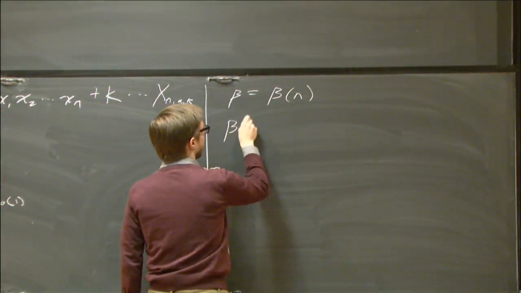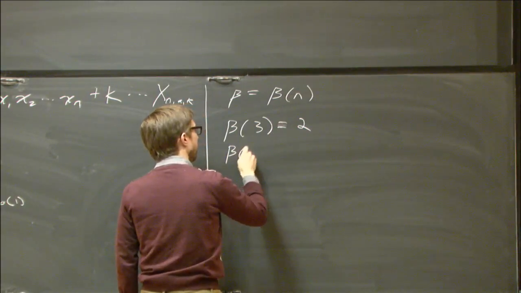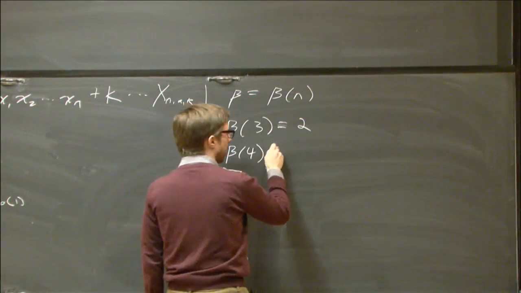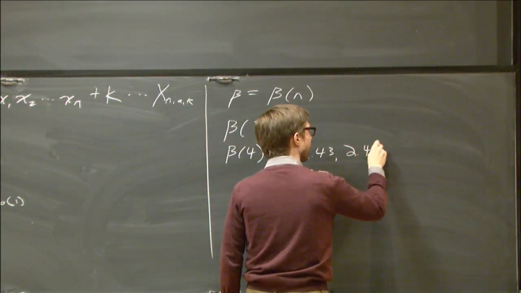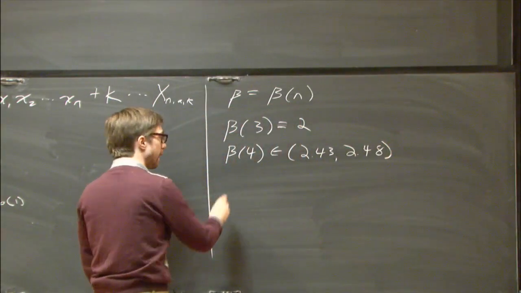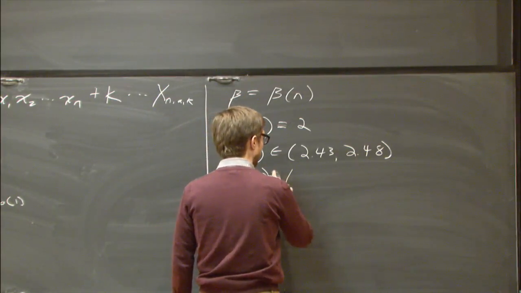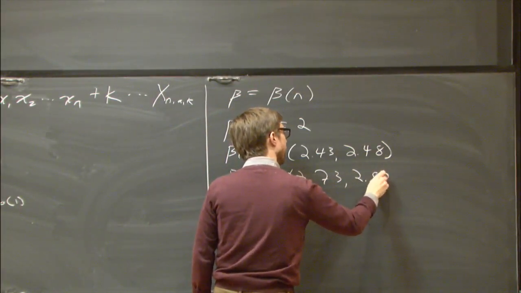Zagier's work, of course, gives that beta of 3 is equal to 2. But the beta of 4 is not 3. It is somewhere between 2.43 and 2.48. And beta of 5, it's not quite 4. It's actually between about 2.73 and 2.80.